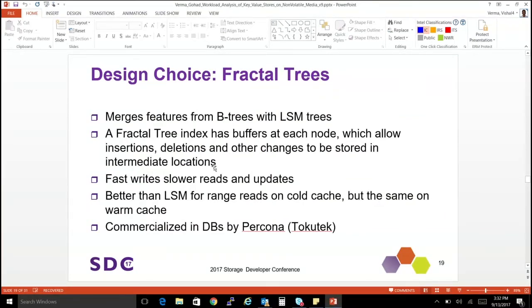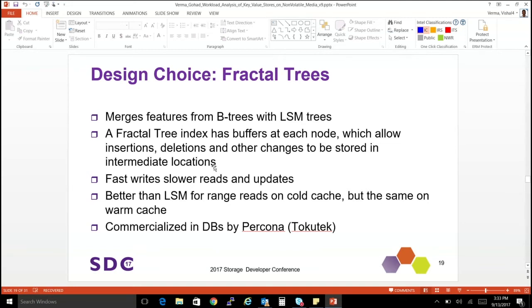So, quick recap: we talked about B-trees and LSM, design choices for key-value stores, and how they behave depending on the application. And the third one is fractal trees. This is being commercialized by Percona in databases.